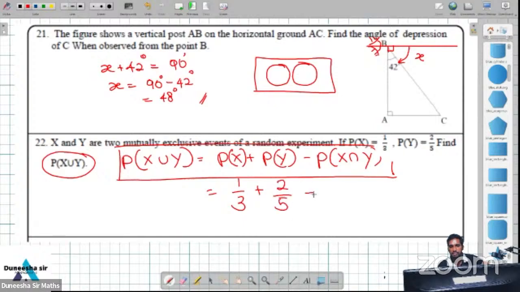Then minus P of X intersect Y. The question says X and Y are two mutually exclusive events. Mutually exclusive means there is no intersection, so it is 0. Can you find out what P of X union Y is?